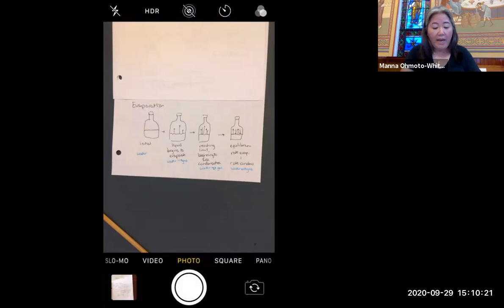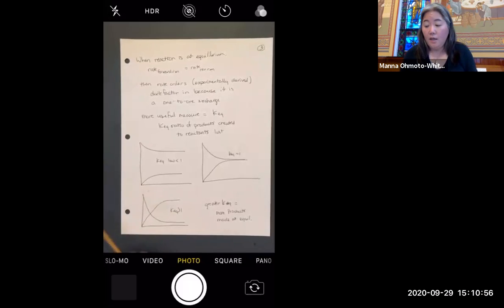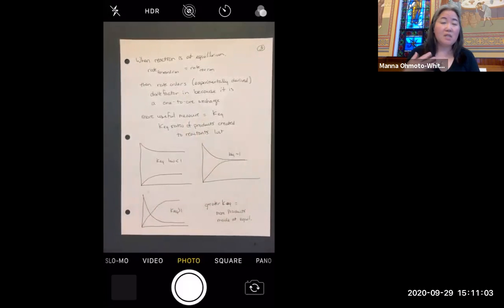So again, when the reaction is at equilibrium, the rate of my forward reaction equals the rate of my reverse reaction. So the rate orders, those things that were experimentally derived that we went through last video, where I'm doubling the concentration of a reactant and seeing what happens, that actually just gets obliterated, because if the rates of my forward and reverse reactions are equal, then basically the time it takes to go this way equals the time it takes to go this way.